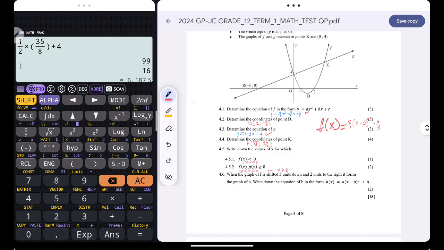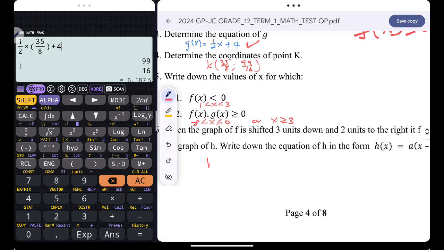The first transformation that was made was that the graph of f was shifted 3 units down and 2 units to the right. Okay, so basically they're telling me that to get the graph of h of x, I need to take f of x and move it 2 units to the right and then 3 units down. Are you together?